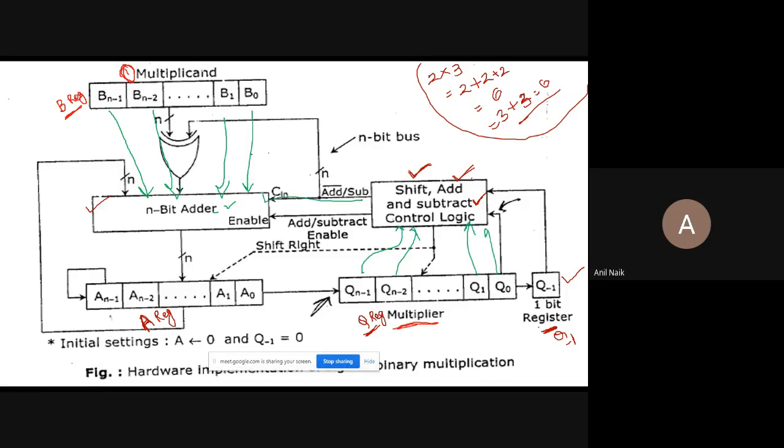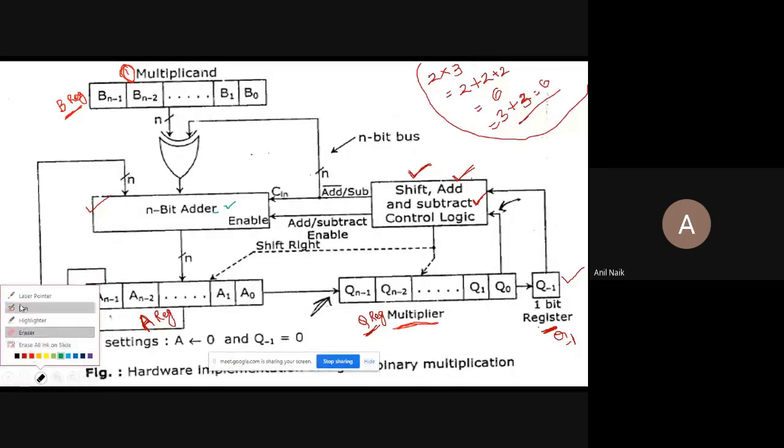Based on some operations, the addition or subtract enable and all, that we will discuss. So the n bit adder takes the data from the multiplicand and multiplier.